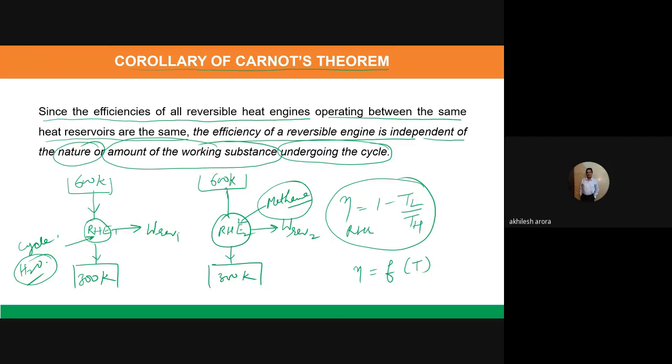And it also does not depend upon the mass of the water which is circulated in the reversible heat engine here, or on the mass of the methane which is being circulated here in the reversible heat engine.